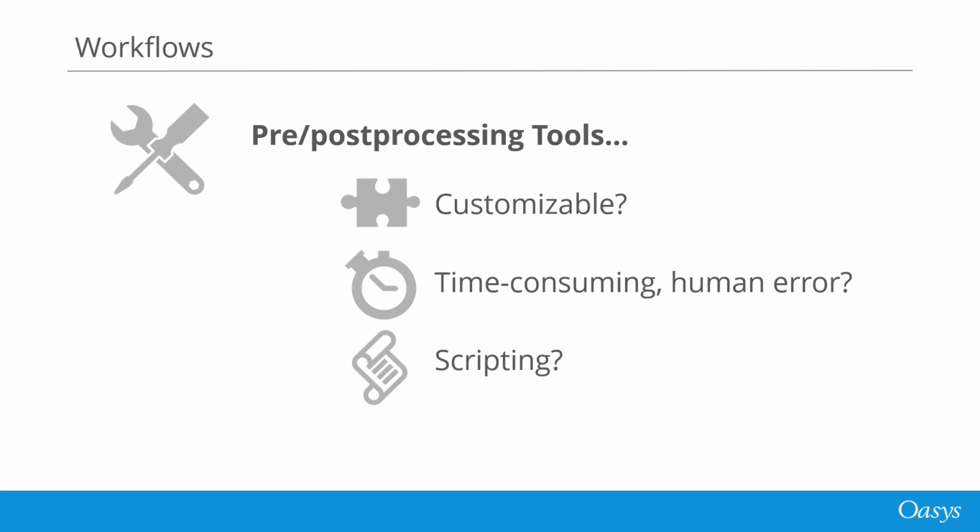For these reasons, the Oasys LS-DYNA Environment virtual testing solutions were developed within the existing Workflows framework. Workflows is a powerful framework that provides Oasys LS-DYNA Environment users with customized tools that work seamlessly from pre-processing through to post-processing, providing results quickly and reliably.